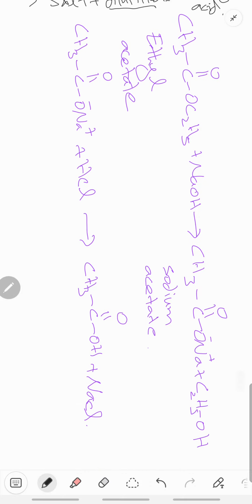Firstly, we take an ester, ethyl acetate, and in the presence of NaOH, sodium hydroxide, it gives us sodium acetate. That sodium acetate, in the presence of diluted HCl, will give us the carboxylic acid.